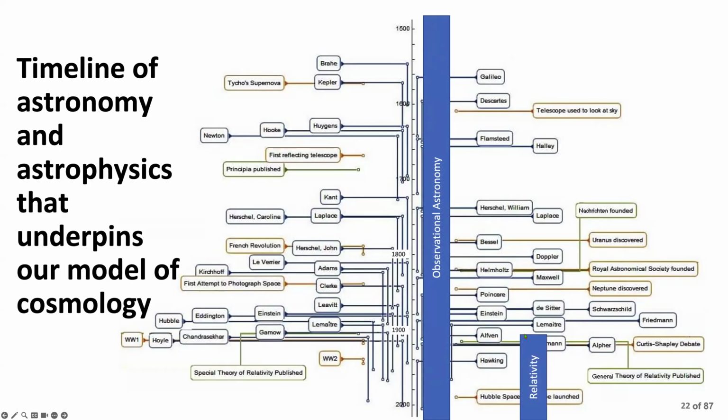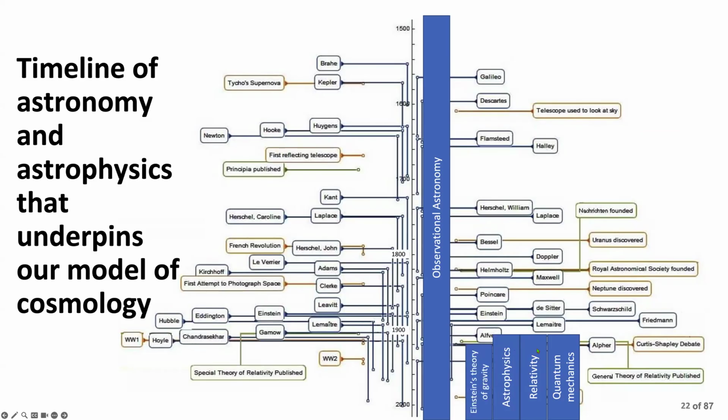The invention of relativity from Einstein dates back to 1905. That's a key scientific tool we need to understand the cosmos. Quantum mechanics, that is the study of the subatomic world, was invented virtually the same time as relativity. Those two together led to astrophysics, where we now have the tools to understand why stars and galaxies behave as they do.